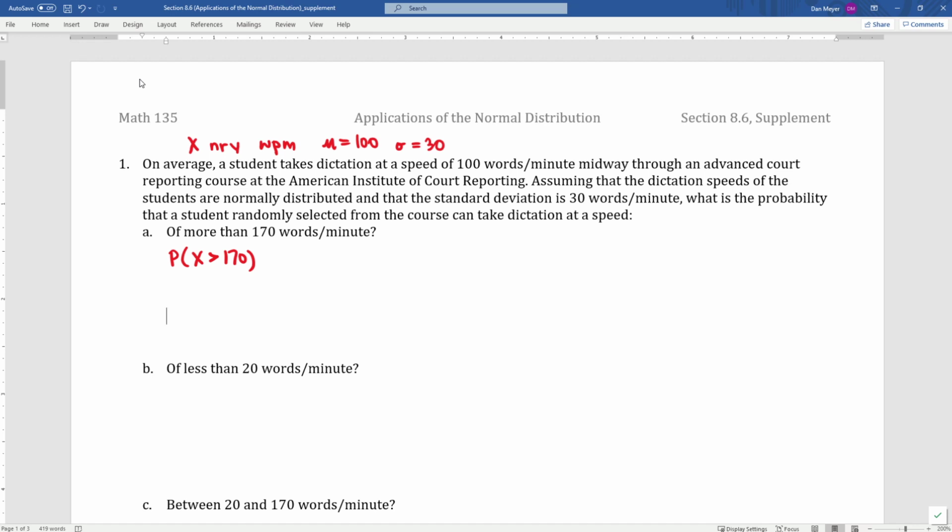Right, so we have a normal random variable. We need to standardize this normal random variable, use a z-score. So the z-score here, remember z is x minus mu over sigma. In this case, that will be 170 minus 100 over 30.